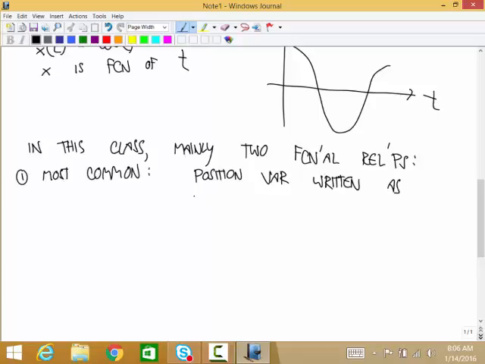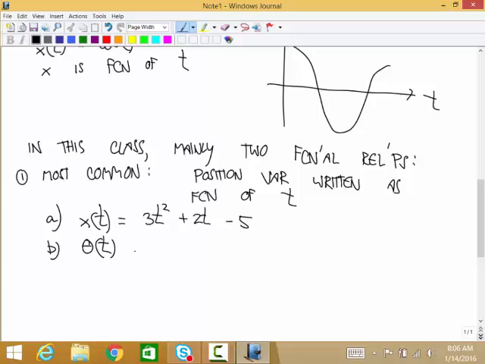So a position variable that's written as a function of time, like x of t is equal to 3t squared plus 2t minus 5. You could also have angular relationships where, like, the angle at some time t is equal to 5 sine t, something like that.